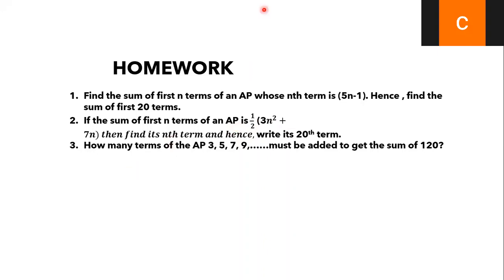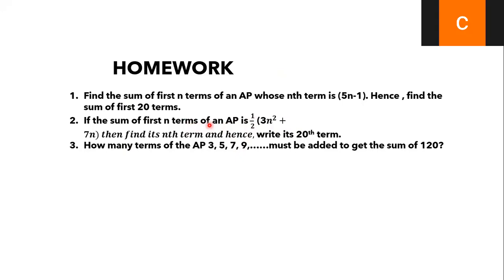Can you please explain the second question again, ma'am? Here in the second question I gave the Sn value, half into 3n square plus 7n. Next find Sn minus 1, because I need the nth term.